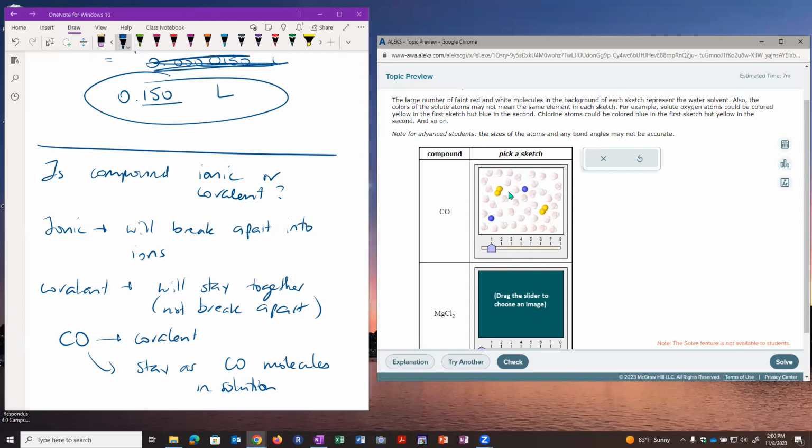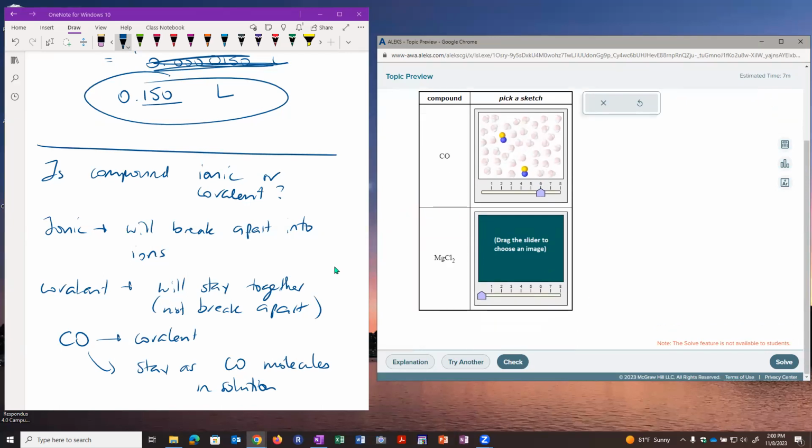Obviously, we have two here, but these are the same. So the C and the O need to be different colors, and they need to be linked together. So if I keep scrolling across, maybe this one could have a C and an O. The background spheres are just water molecules that are the main part of the solution. If I keep scrolling, this one has three, so that's not going to work. So maybe this one then, one C and one O, one C and one O. That would be the best representation of that.